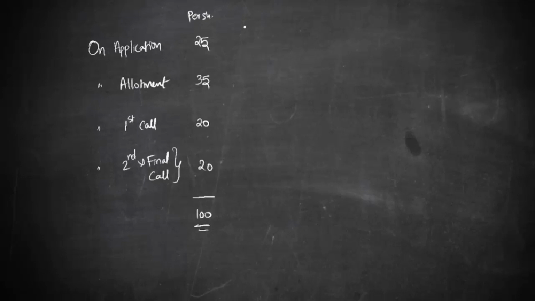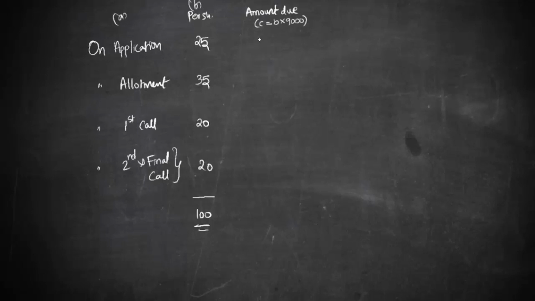So what we'll do is find the amount due. How do you find that? You have to multiply the number of shares subscribed with this per share value. I'll call this column A, this column B, and this column C, which is nothing but column B into 9,000.